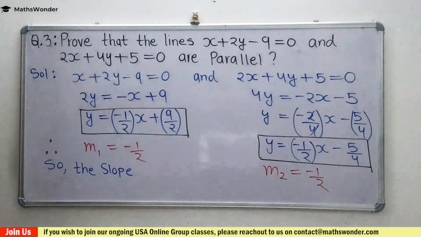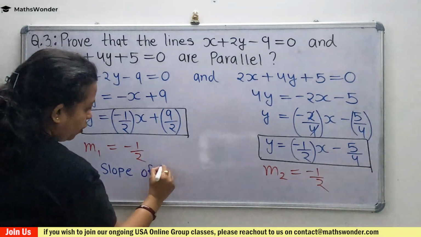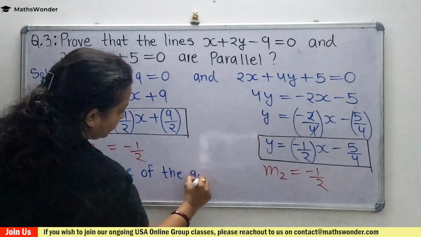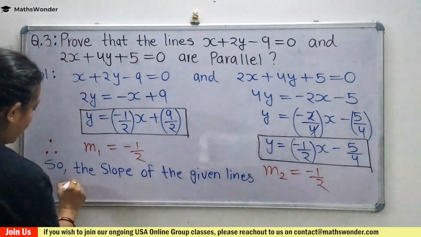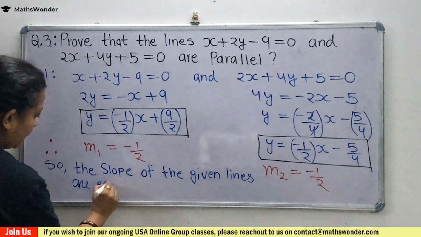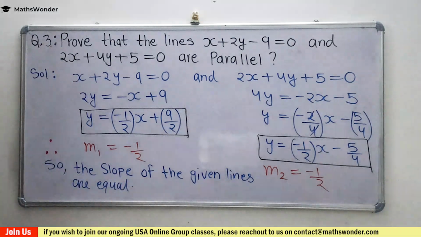So write down, the slope of the given lines are equal. And what is the meaning of this? We learned it in the last 2 or 3 classes.